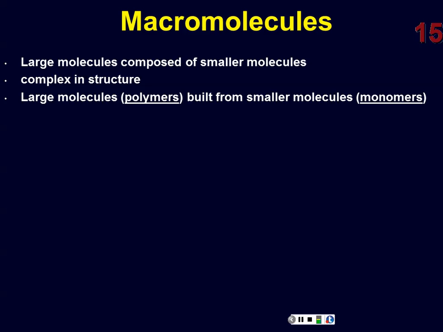It's lots of individual units that are all joined together. So of a freight train, what would be the monomer? The individual cars, okay? So we're going to talk about proteins being a macromolecule. It's a polymer. It's made of lots of individual units, and the individual unit, or the monomer, for a protein is an amino acid.